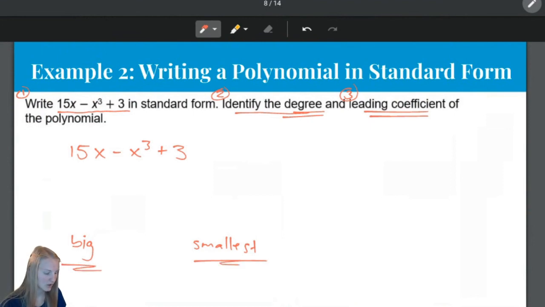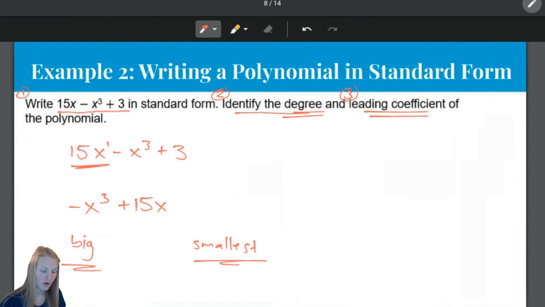So when I look at this polynomial right here, I immediately see that 3 is the biggest exponent. So that's going to go first. Negative x cubed will go first. Then, 3 doesn't even have a variable for an exponent. But 15x, remember this is like 15x to the 1. So 15x will come next.